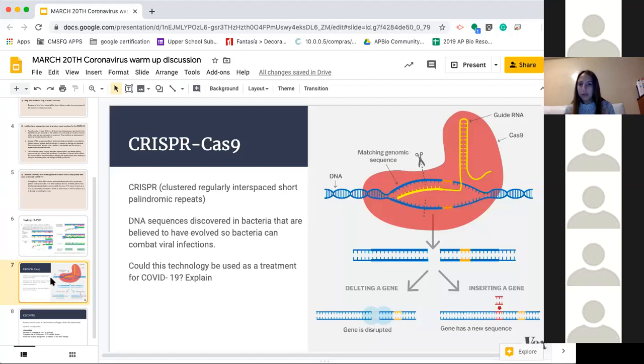What CRISPR actually does is cut the DNA strand, the double strand of any sort of genome, in any specific place. And when it cuts that, remember that your own genome has a way to repair its DNA. It always wants to repair its DNA. So the minute it gets cut, one of two things can happen.